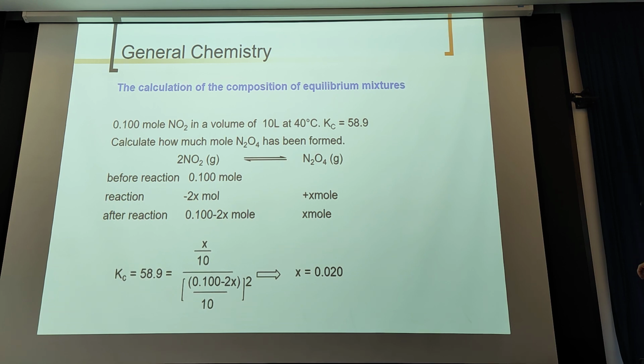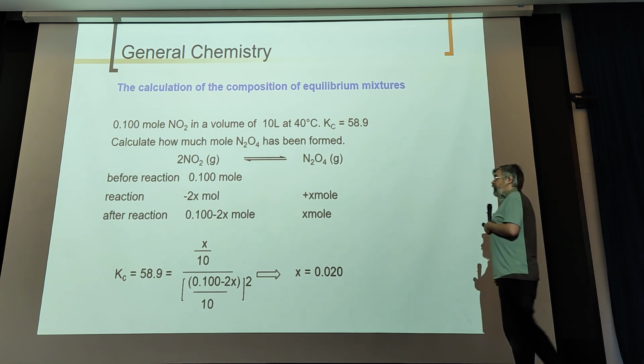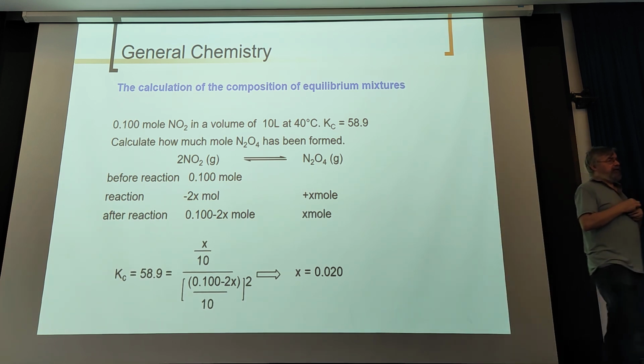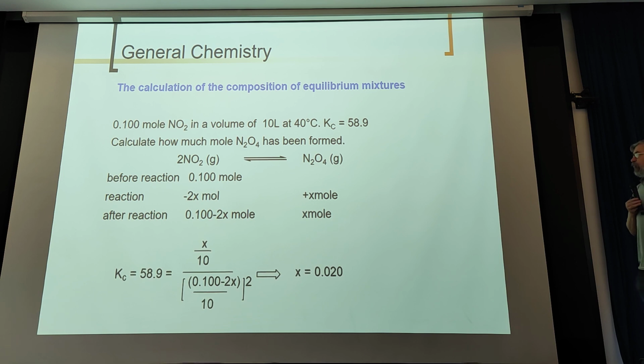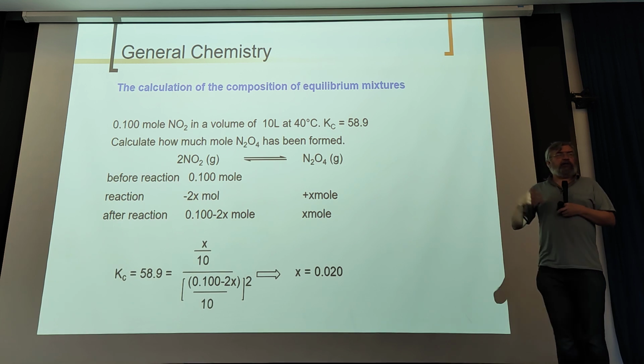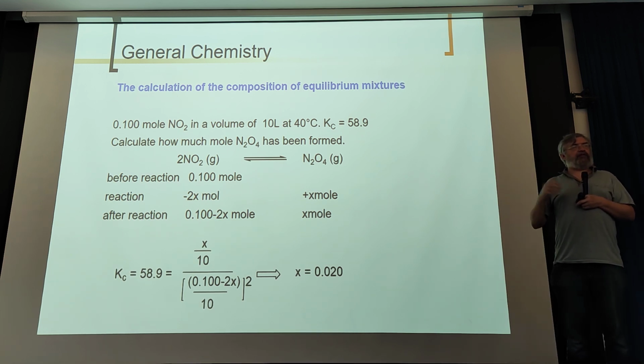So 20 millimole is actually being formed, and that means a concentration of the NO2 that is left is going to be 60 millimole, because we have to subtract 2x from that. So as you can see, we have expanded this now to 10 liter, and this has an effect on the equilibrium.